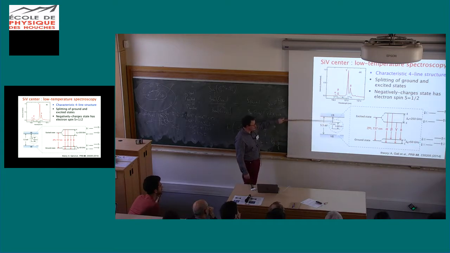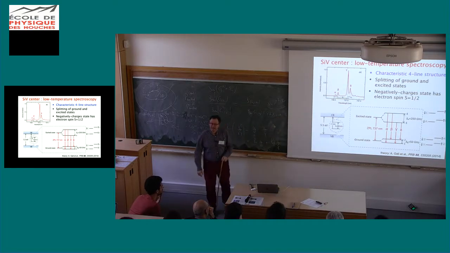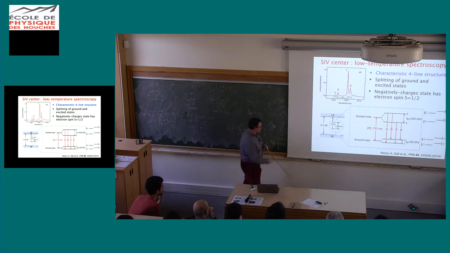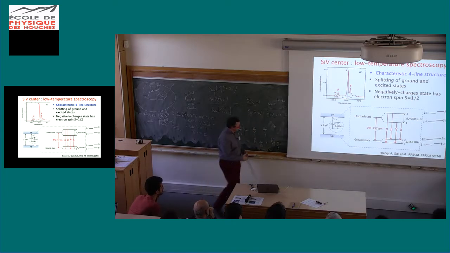So again, this is the 5.5 electron volts difference between valence band and conduction band of diamond. Diamond has a very wide band gap. And the levels are inside the structure. We have a difference of energy between the two levels of 1.682 eV, which corresponds to a zero phonon line at 737 nanometers, so in the red.